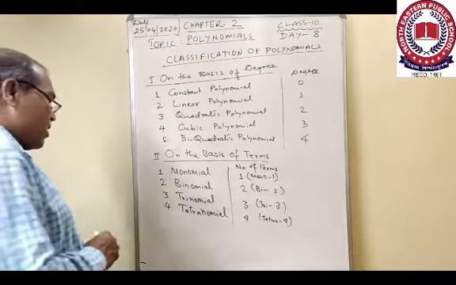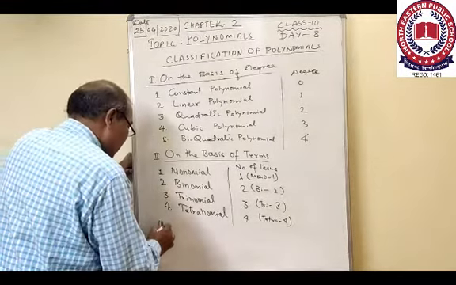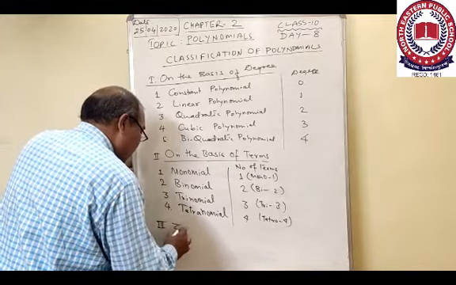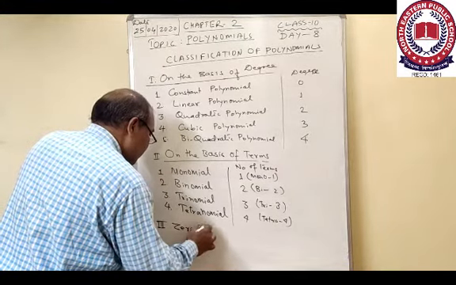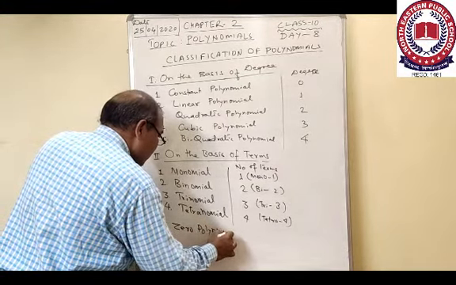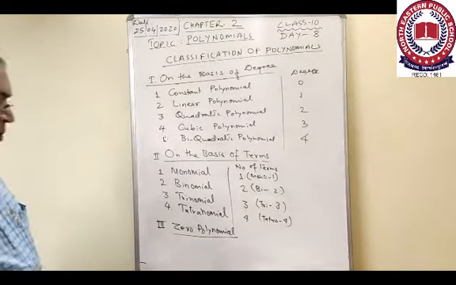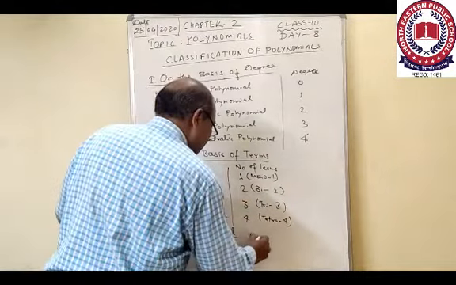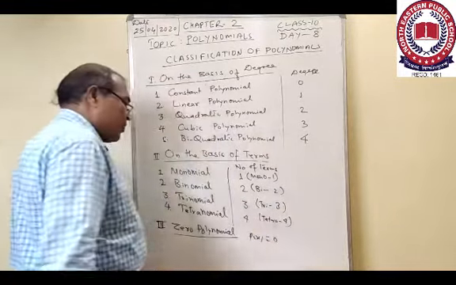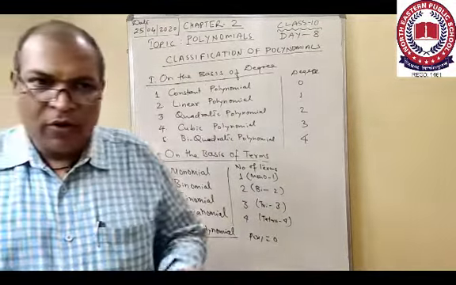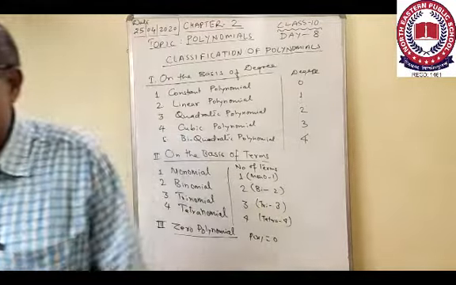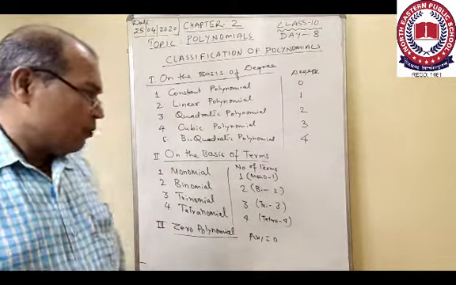There is one exceptional case in this, that is called zero polynomial. Zero polynomial, whenever we write p of x is equal to 0, in this there is no existence of the term, there is no existence of the degree in this polynomial.